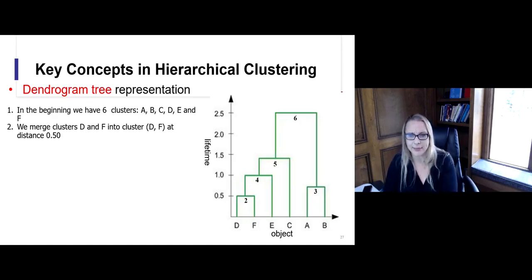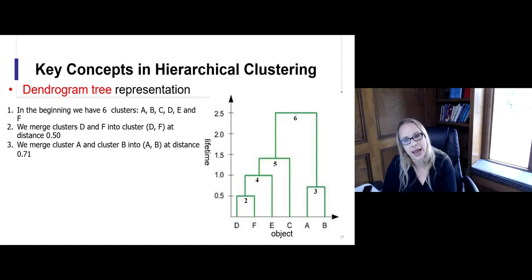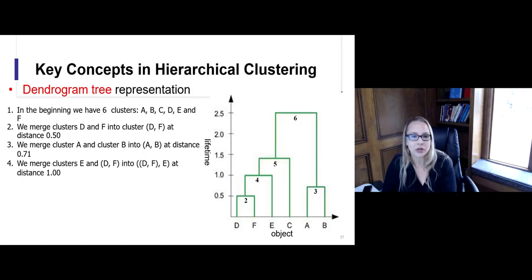So in this case, in the beginning, we again have 6 clusters: A, B, C, D, E, and F. Then we merge clusters D and F first, and we form one. So the distance is going to be 0.5 because it goes from 0 to 0.5 on our axis. Then we merge clusters A and B into AB, and the distance for that is 0.71. And we merge clusters E and DF into clusters DF and E, and that distance is 1.